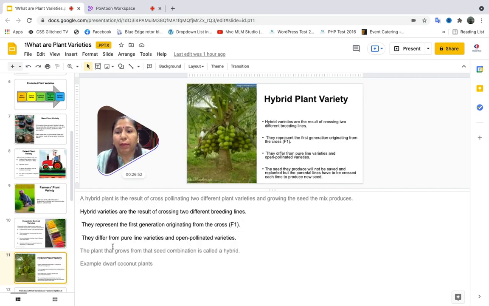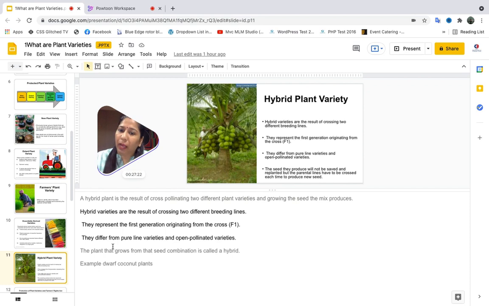Now, what are hybrid plant varieties? Let's say I have two parental lines, two sets of parents. When I cross these parents, an F1 generation, or a progeny, an offspring of the plant, is what I'll be getting. So the F1 generation, the result of crossing two different breeding lines, the first generation of that cross, is called a hybrid variety.